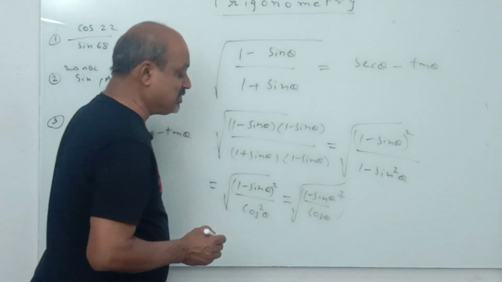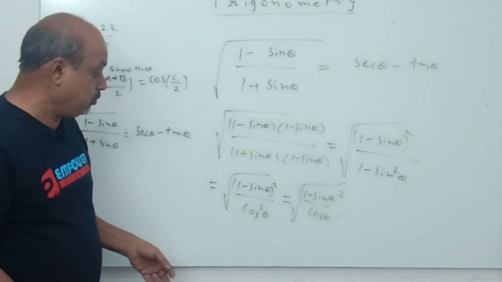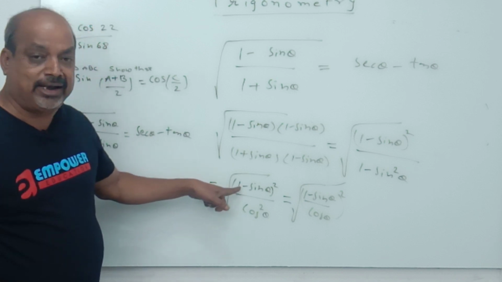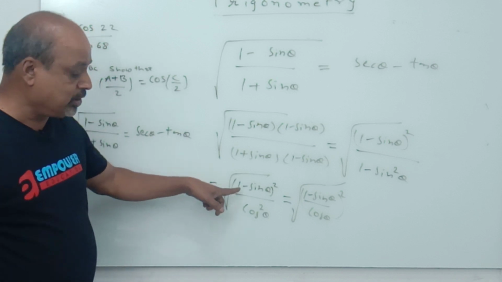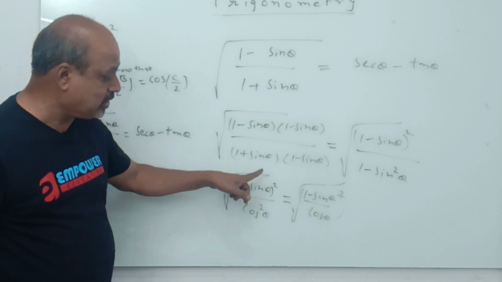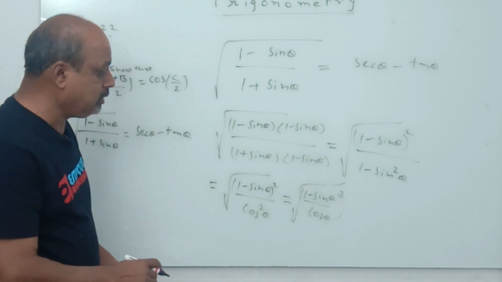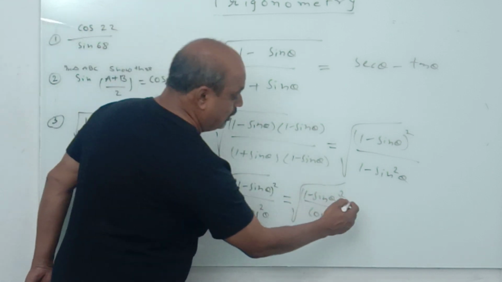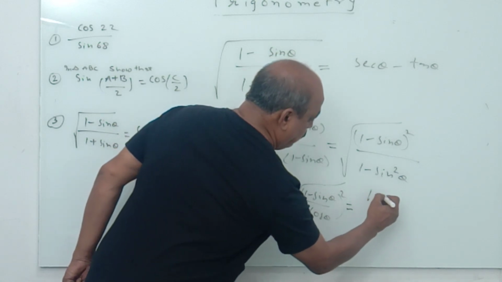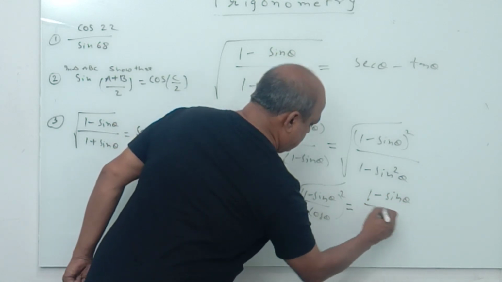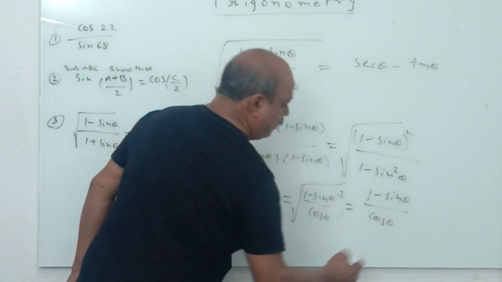Now the mistake students make is that they expand this bracket. Instead, don't expand this bracket, just write it in terms of whole square. The square root and square will get cut off. So you will get 1 minus sine theta upon cos theta.